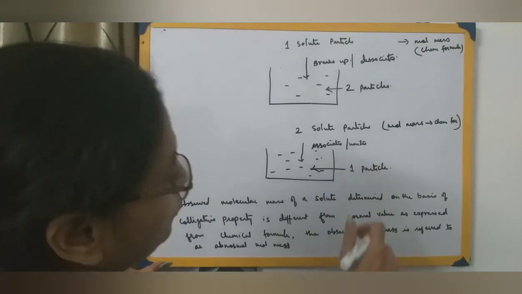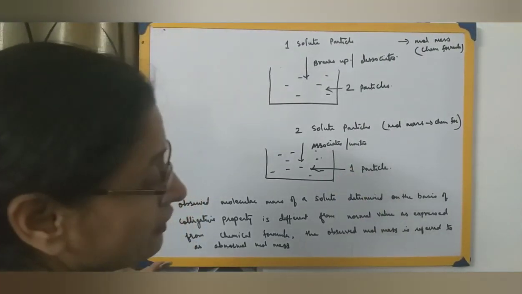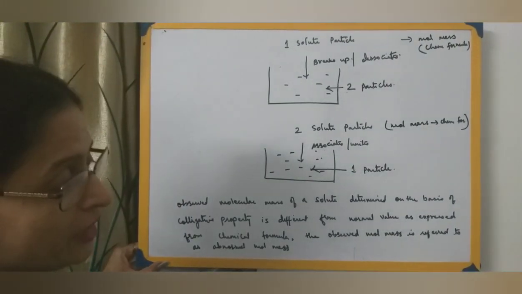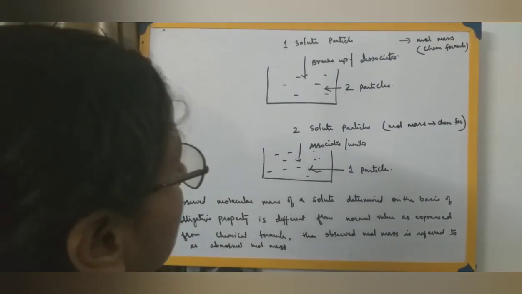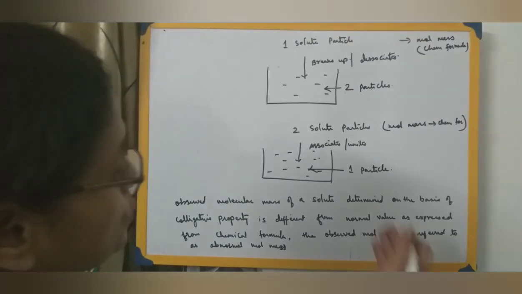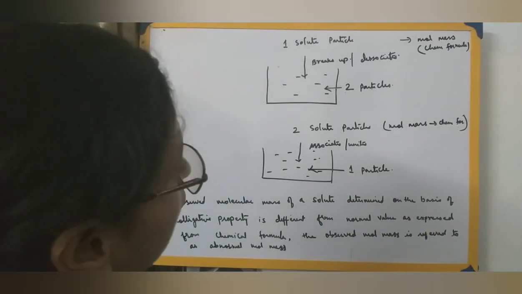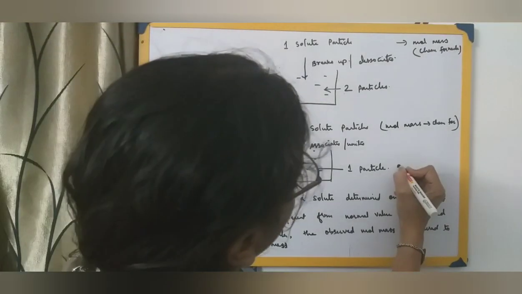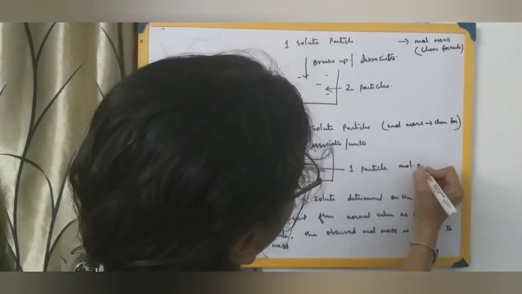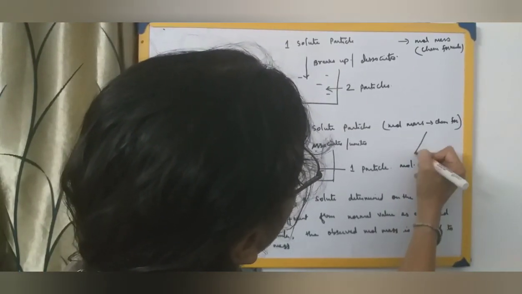In the colligative property method, we have made a solution, found different colligative properties, and calculated the molecular mass. So this molecular mass and this molecular mass will not be equal.